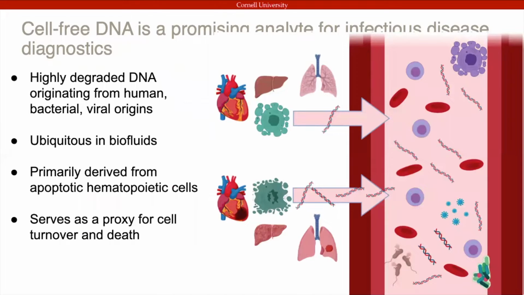In our group, we are interested in looking at the potential of cell-free DNA as an analyte for infectious disease diagnostics. Cell-free DNA is highly degraded DNA that originates from human, bacterial, and viral cells, and it's ubiquitous in biofluids. It primarily derives from apoptotic cells, and thus it can serve as a way to measure cell turnover and death.